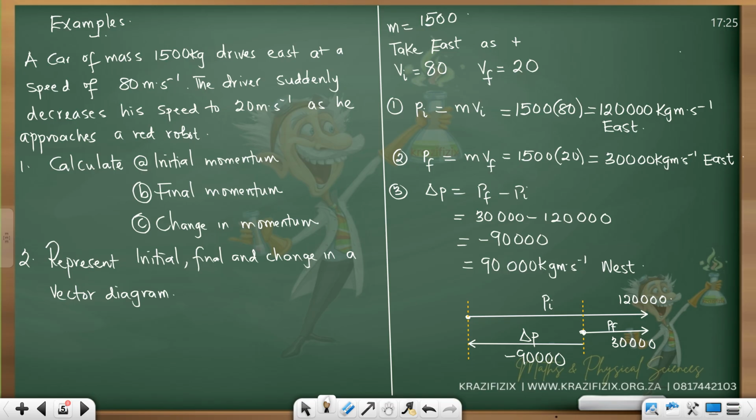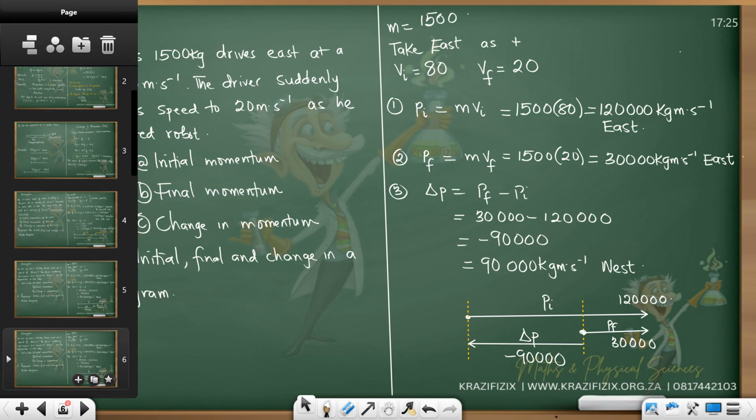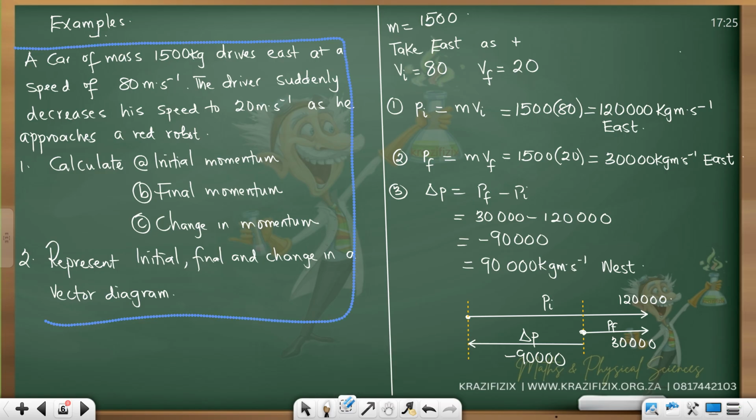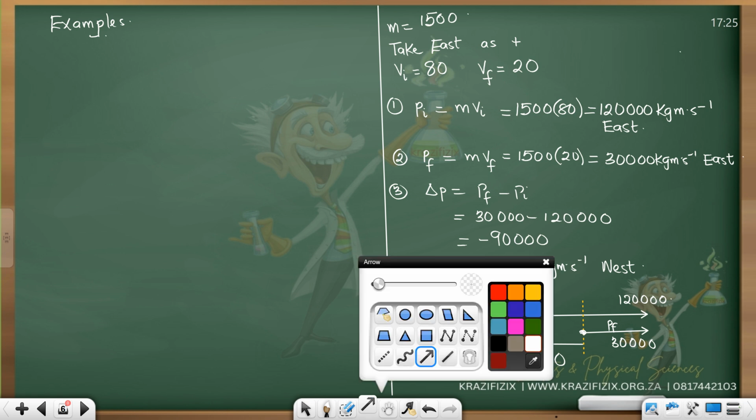Okay. I have one more question for you. I know you are busy on the right hand side. This one I won't write so many things. I'm going to use a diagram. Example 3. I'm going to make this a multiple choice.